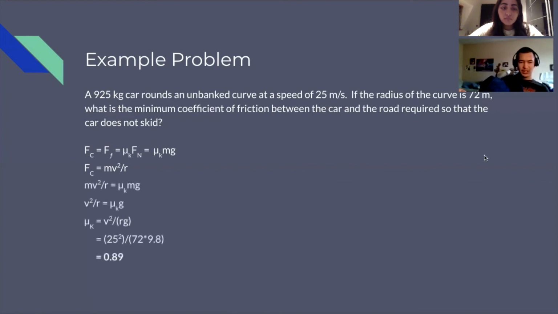Then we just set them equal to each other. We can divide out m, because we know it's not going to be 0, since we're given m. M in fact doesn't matter. Then mu k is just v squared over r times g, and doing some calculations, we get 0.89 as the coefficient of kinetic friction, or the minimum coefficient, that is.